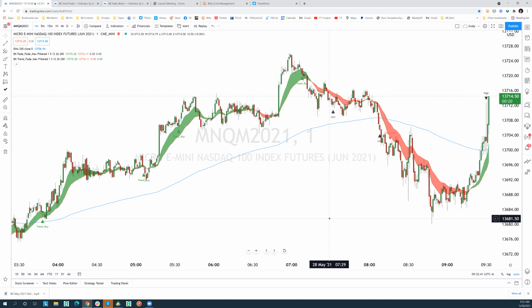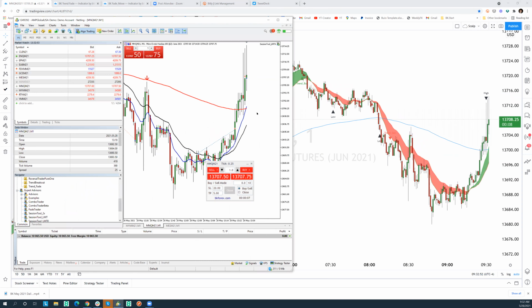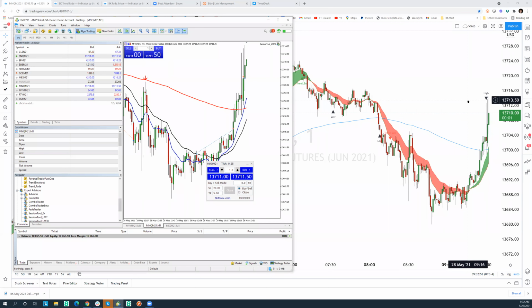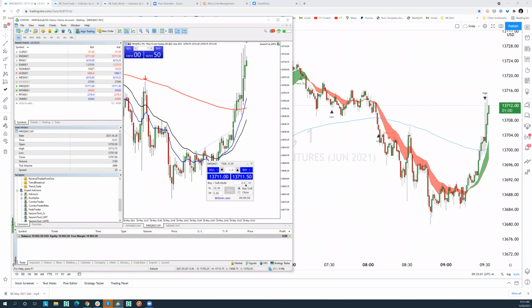Matter of fact, I'm actually watching this. If this thing closes through the high, through this signal, it's not any of my setups, but I would really like that trade, and I'll buy it. If they're going to hold the highs on this move, I will chase it.